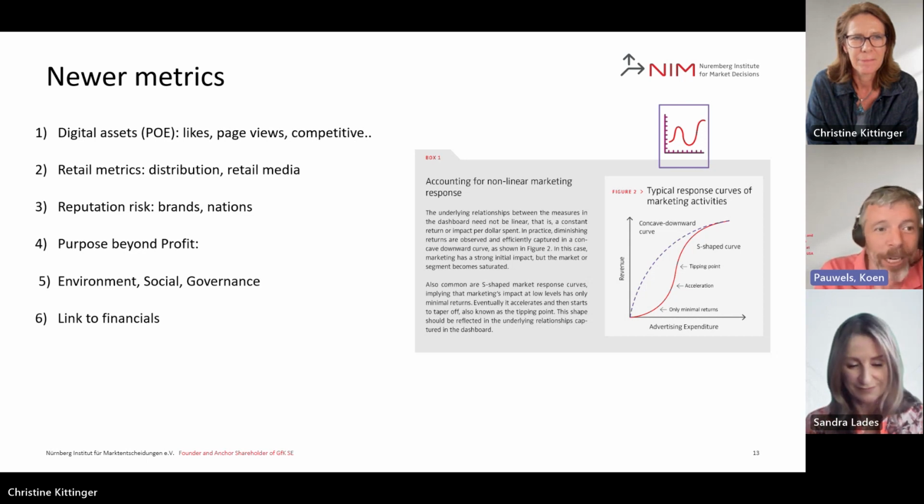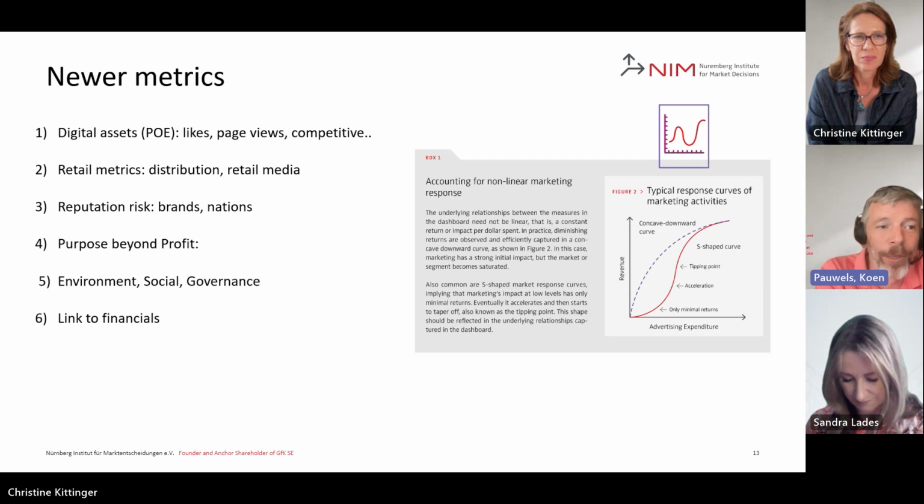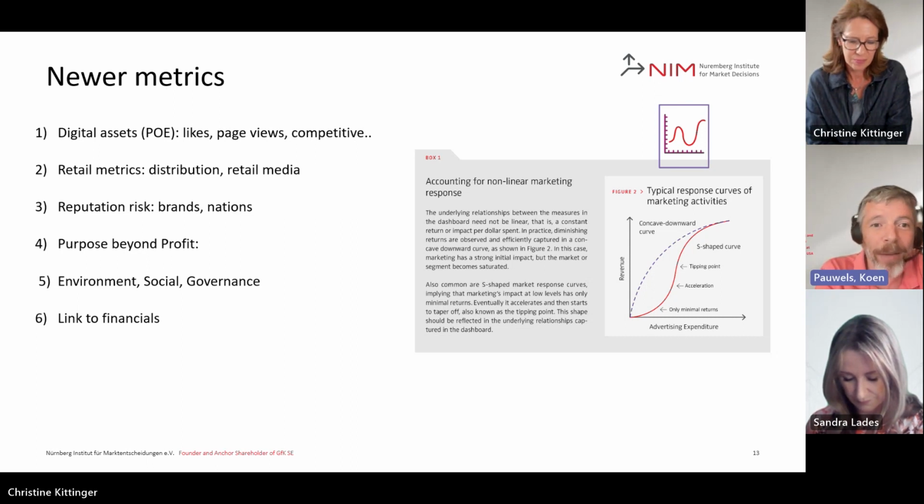We have not one but two special issues about purpose beyond profits. One of them is a more general one about how you should think about the purpose of a for-profit company beyond profit. The other one is very much focused on ESG, environmental, social, and governance metrics, which is absolutely key also in the US. And I think it's a wonderful way to marry finance and marketing, because my financial colleagues really care about that.